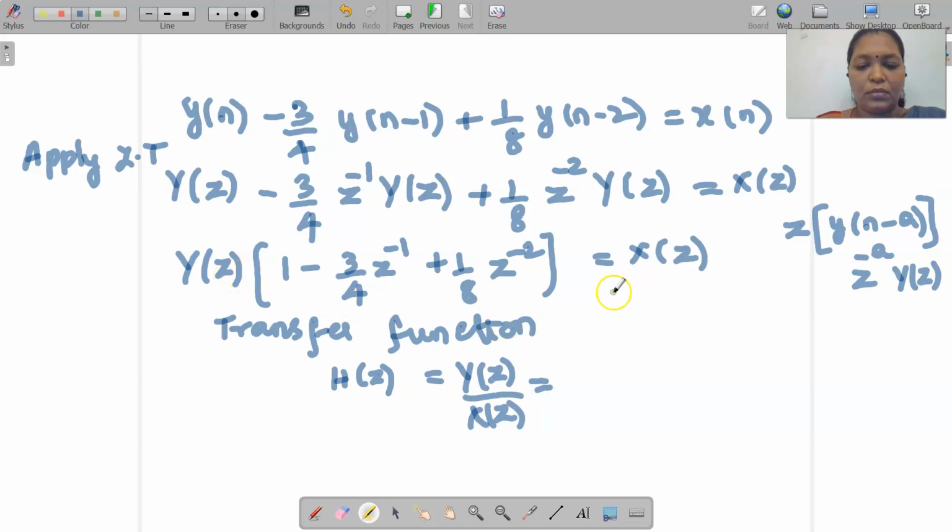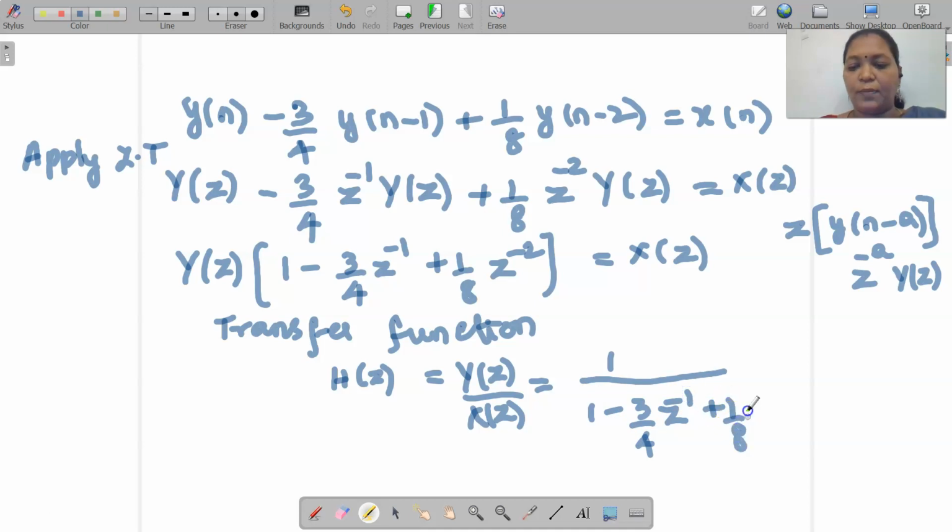So when we take Y of z by X of z, right hand side we have only 1 divided by the denominator 1 minus 3 by 4 z inverse plus 1 by 8 z power minus 2.